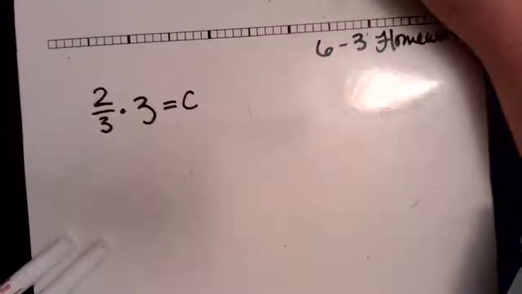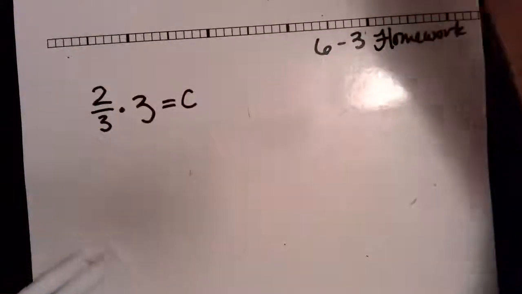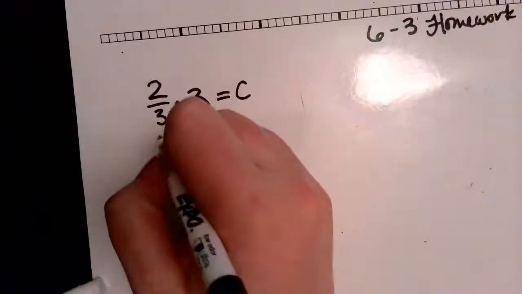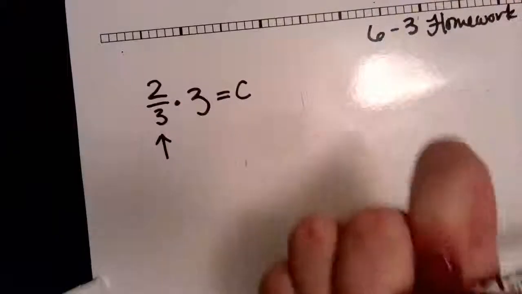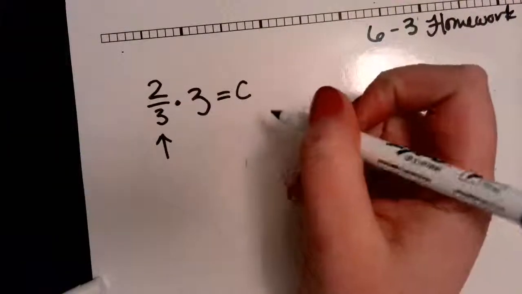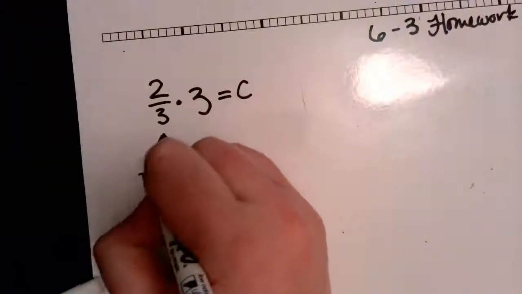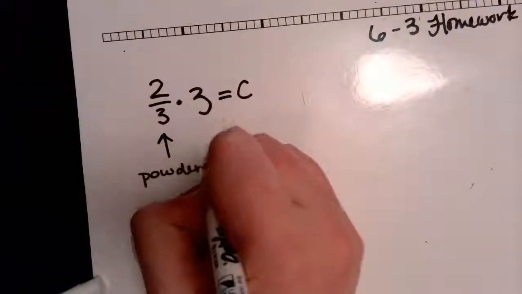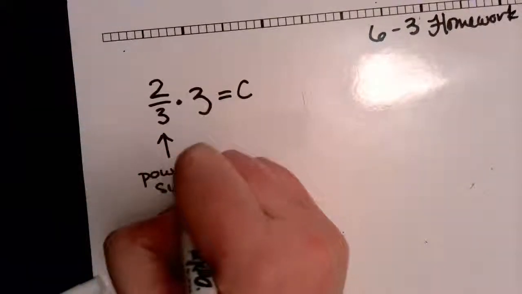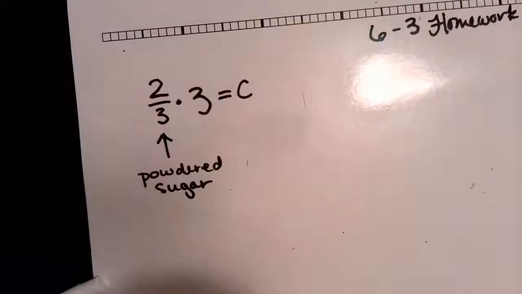In order to do this, I'm going to have to multiply something by 3. So, my everything bundt cake recipe asks that I use 2/3 cup of, let's say, powdered sugar in the frosting.